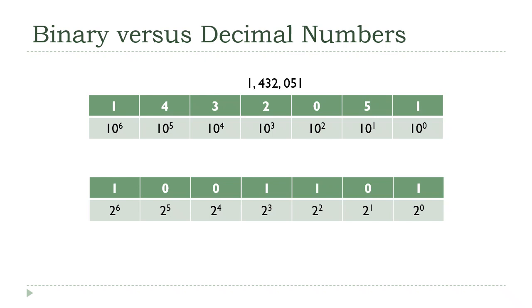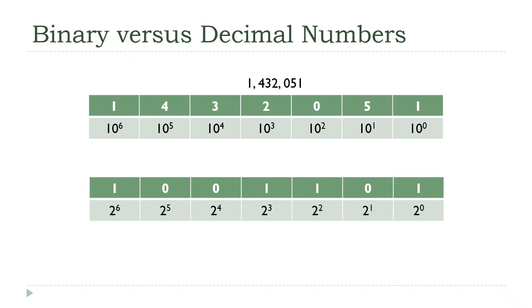So if I wanted to take a number like 1001101 in binary and convert that to decimal, I'm going to do the exact same thing I do with my decimal number. Each of these digits represents an increasing power of 2. So the first digit represents 2 to the 0, the second digit 2 to the first, 2 to the second, and so on.